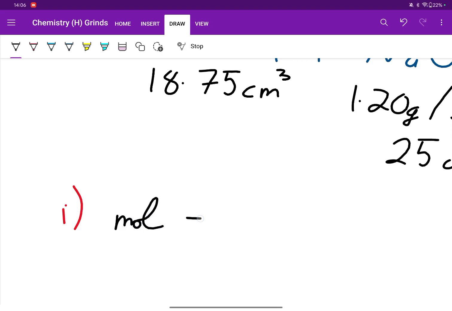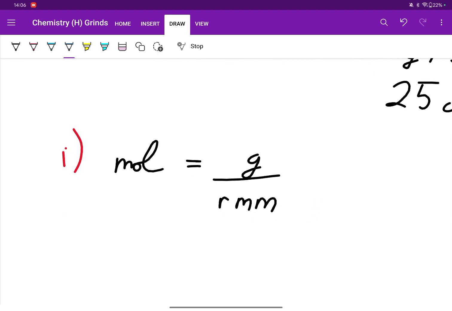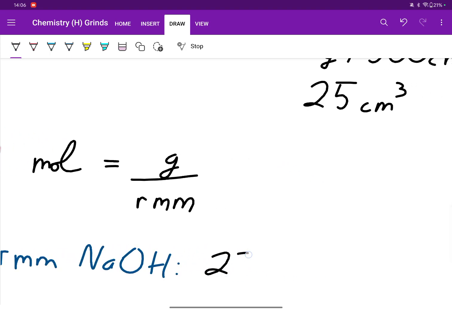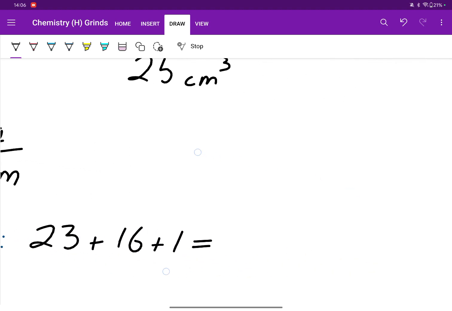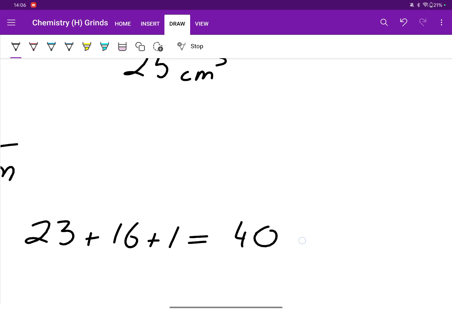And to go from grams to moles, you divide by the RMM. So the RMM of sodium hydroxide, which you will get from the front page of your exam paper, is going to be 23 plus 16 plus 1, which is 40 grams per mole.